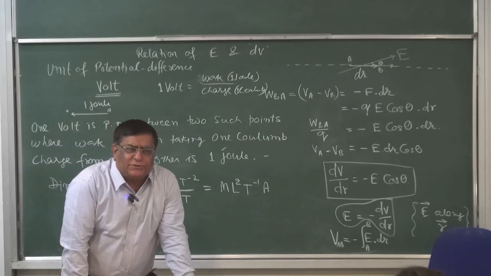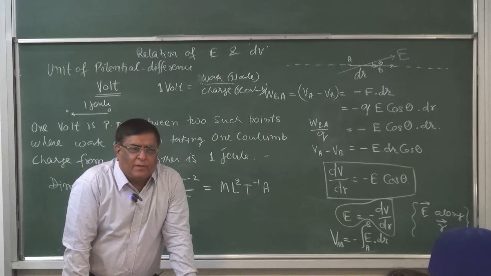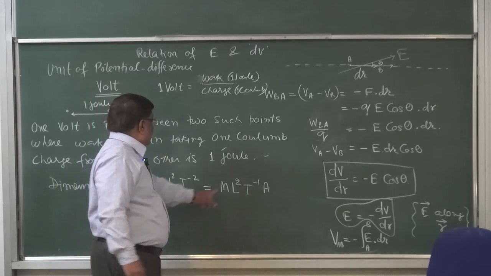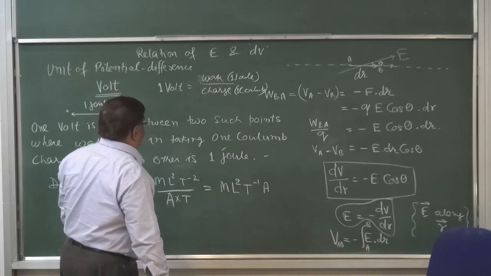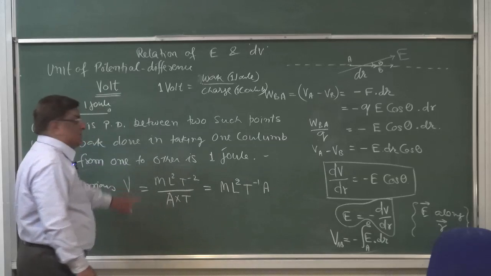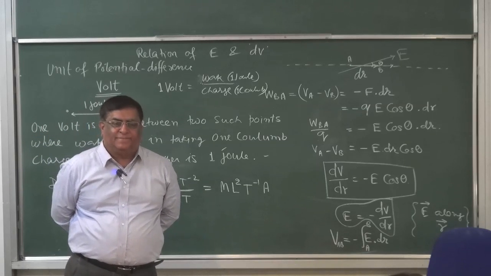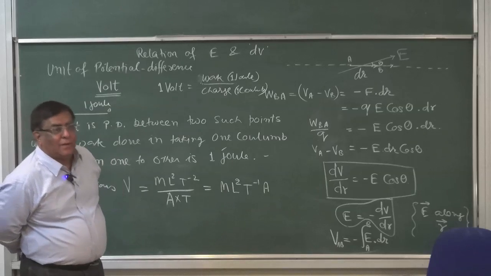What is force? And work done is, put one more L, ML^2T^-2. So divided by AT, this is ML^2T^-3A^-1. These are the dimensions of potential difference or the dimensions of volt. Right?